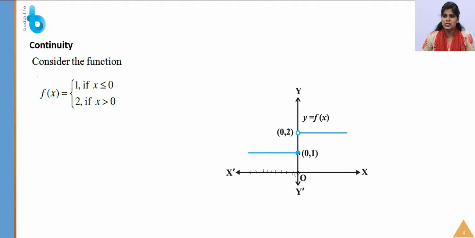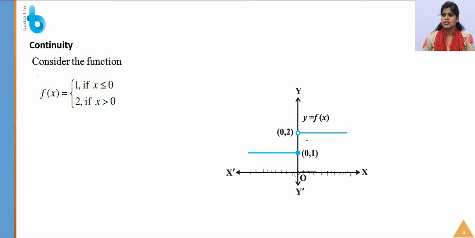So in this function 0 is included, that is why it is marked like this. Whereas for all x greater than 0, the y value is 2.